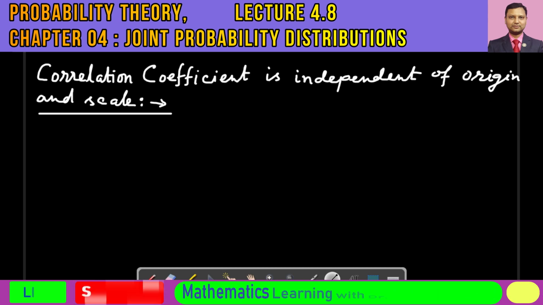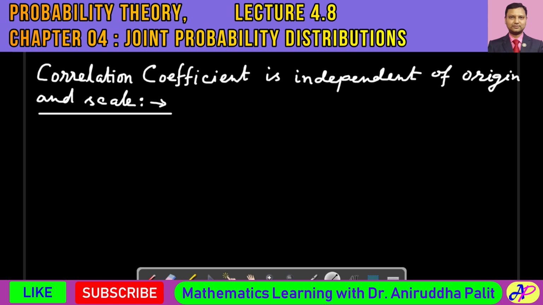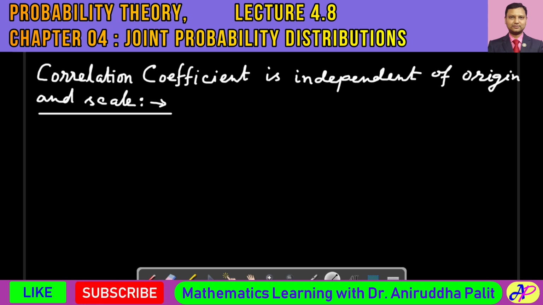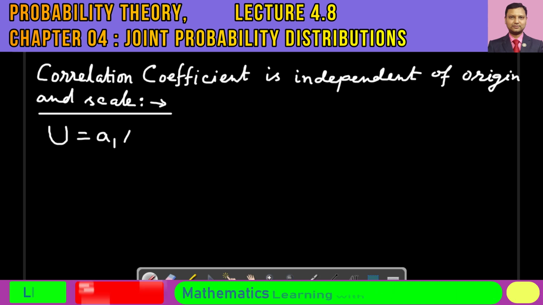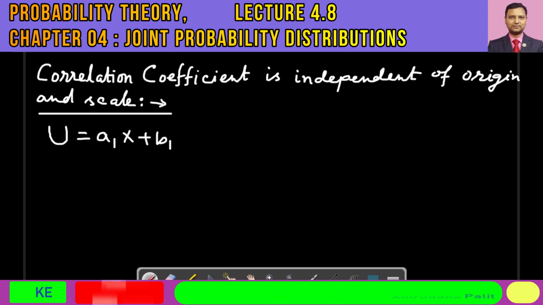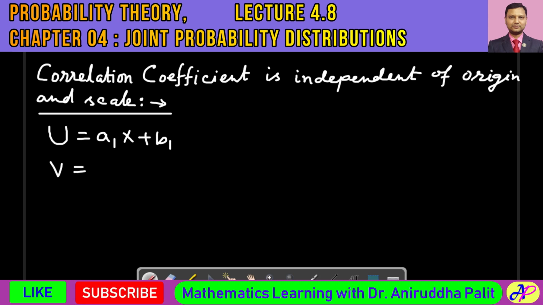Actually, we already have proved this result in the previous class, that if this random variable u is equal to, say, a1x plus b1, and v is equal to a2x plus b2.